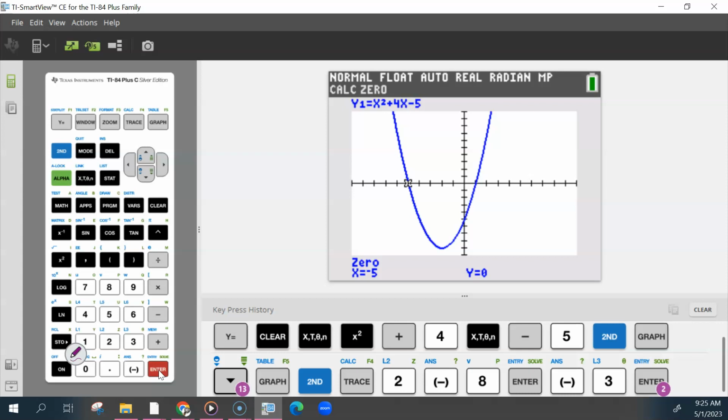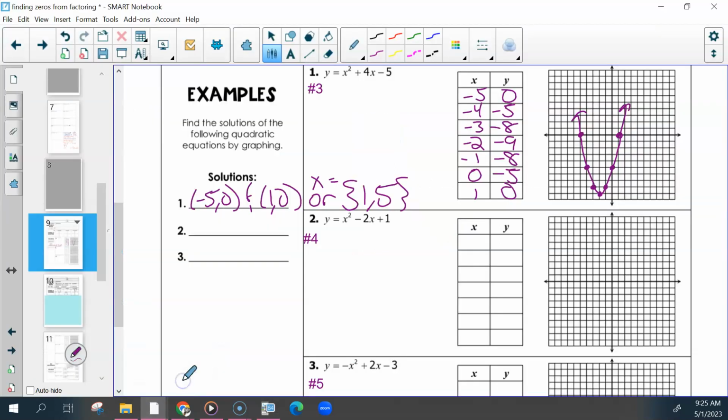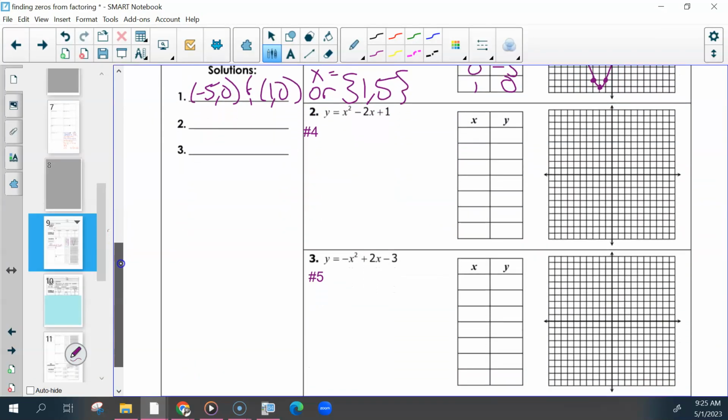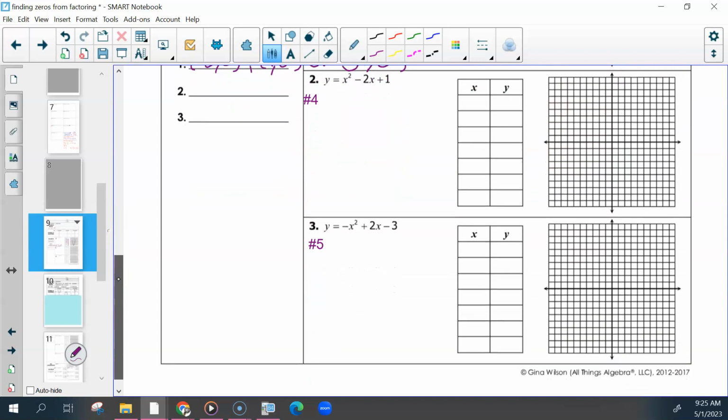Okay. Let's do one more of these and then we'll move on. Let's do 3. Same thing, put that in your y equals and go to your table.